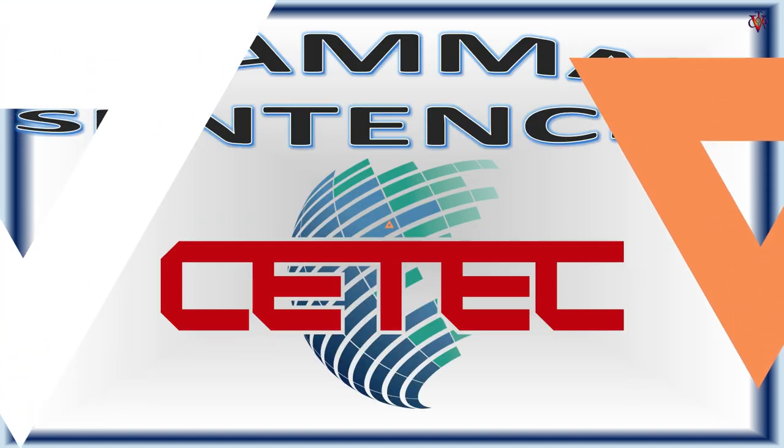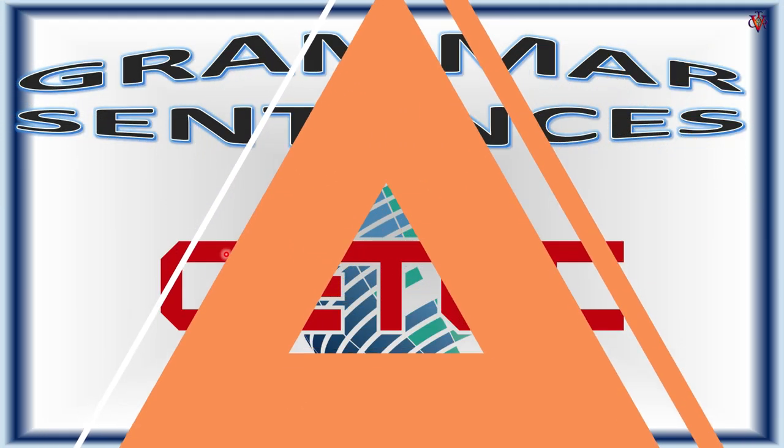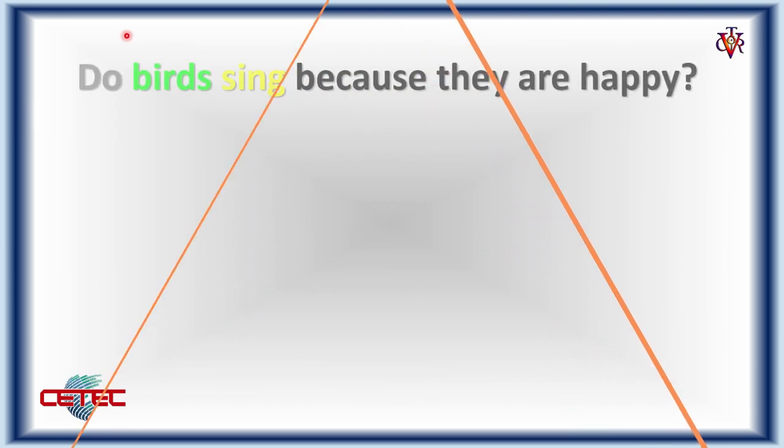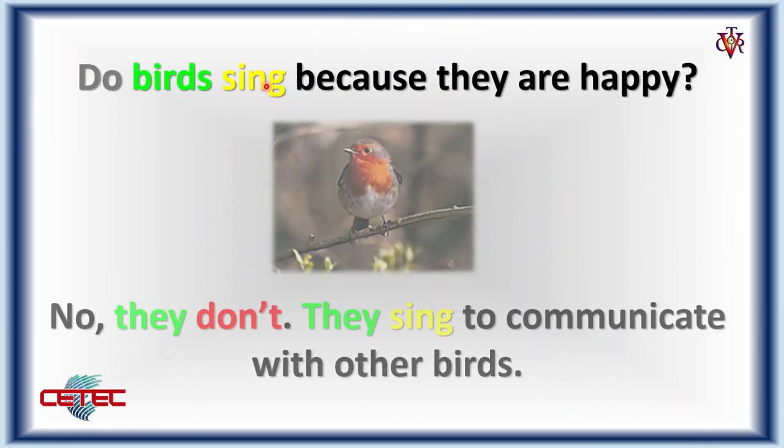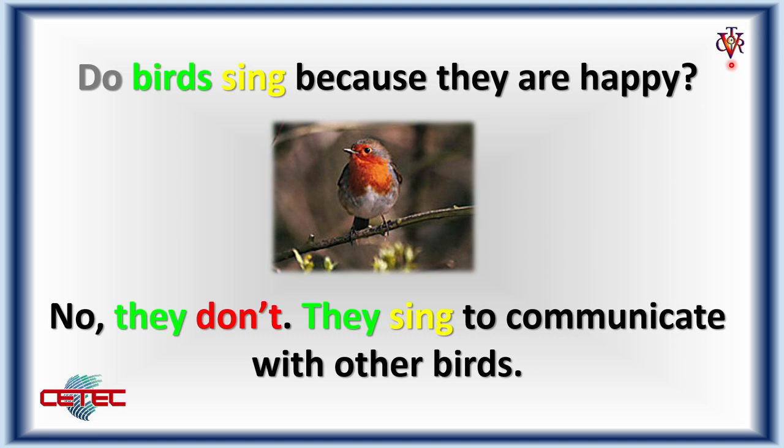Now, let's check the grammar sentences. Ready? Do birds sing because they are happy? Question mark at the end. Don't forget do, plural, verb, complement, question mark. No, they don't.